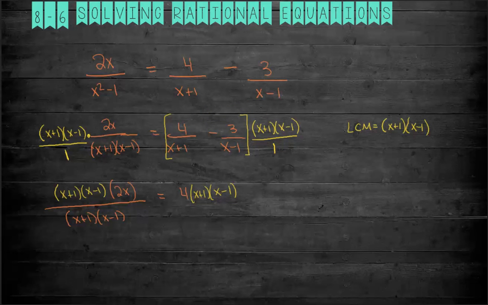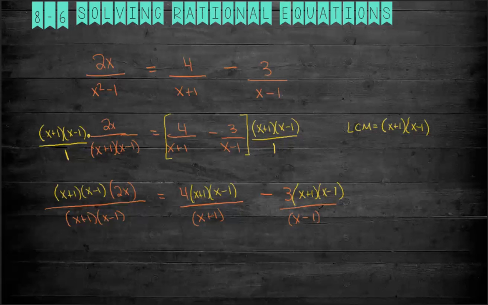The 4 over x plus 1 times 1 just gives us an x plus 1 in the denominator. And we're still going to subtract 3 times x plus 1, x minus 1 over x minus 1, where x minus 1 times 1 is just x minus 1.